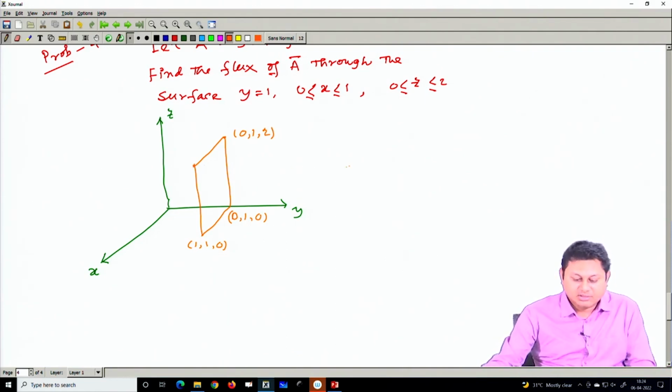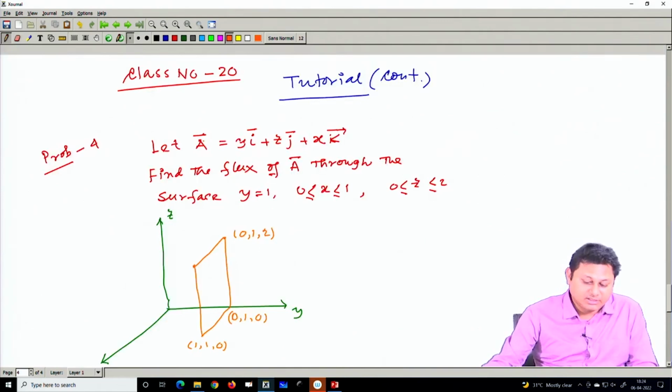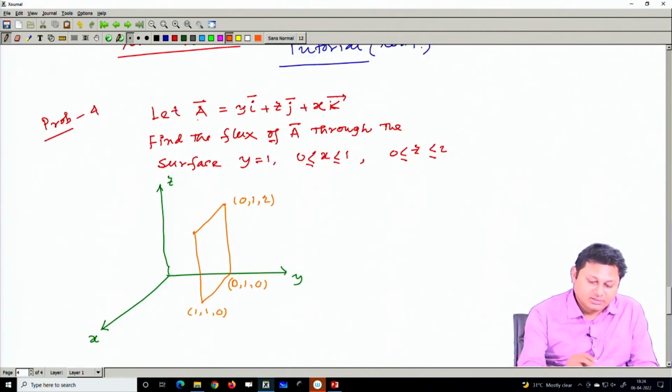This is the surface through which I need to calculate the flux of this vector field.